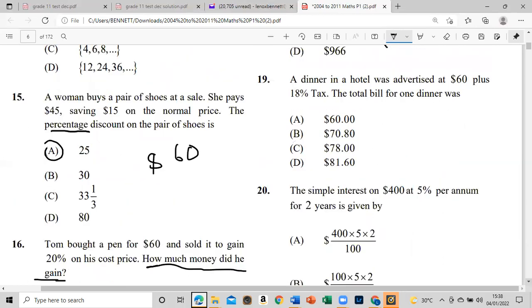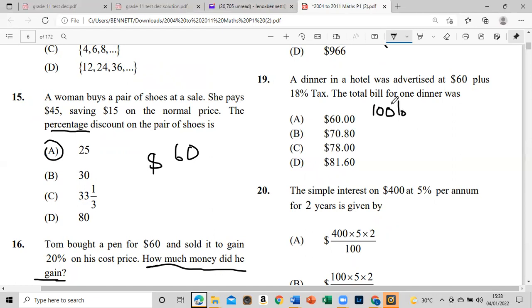Number 18. A dinner in a hotel was advertised at $60 plus $18 tax. Total bill for the dinner was, right? So guys, as I say, it's going to be increased by 18%. So our original, we have 100%.